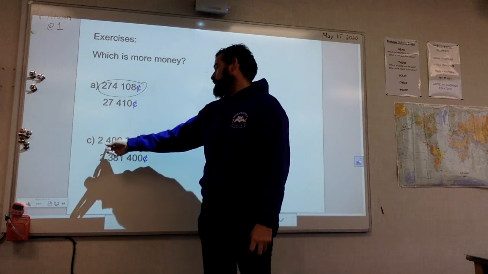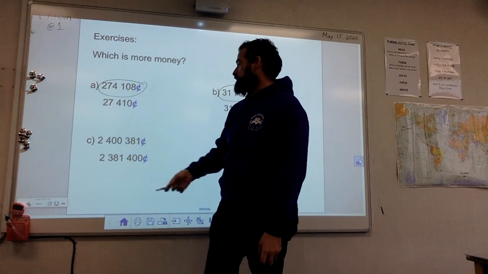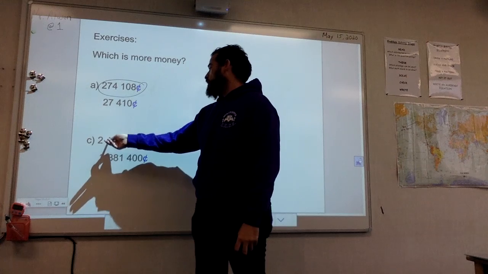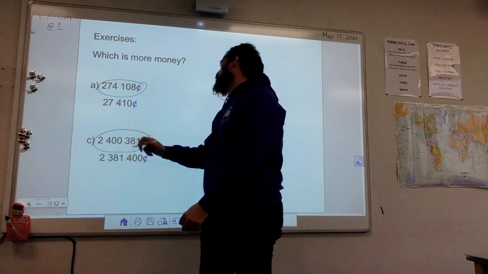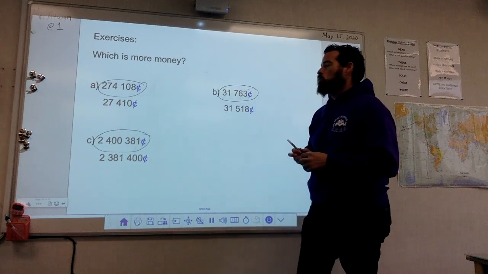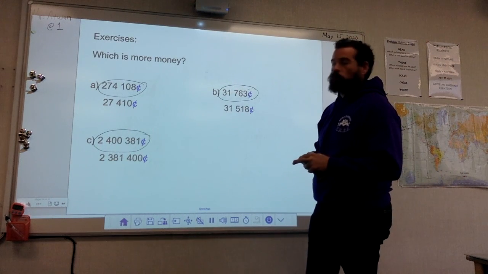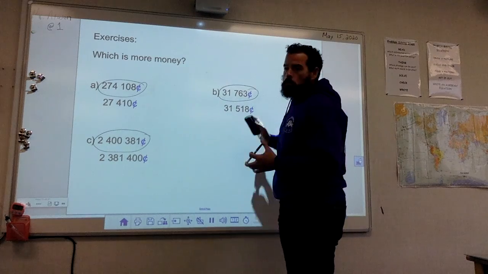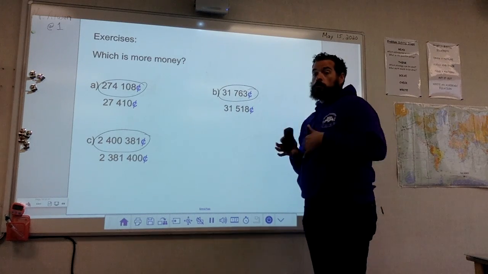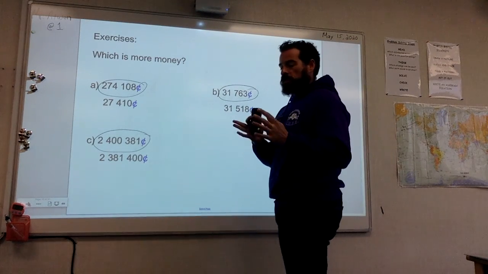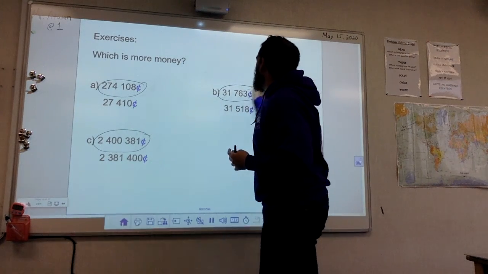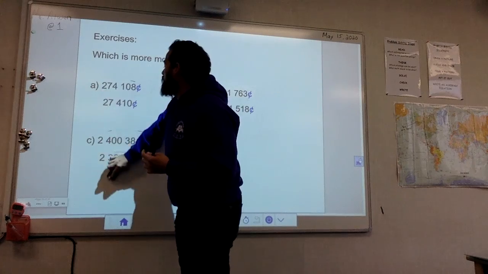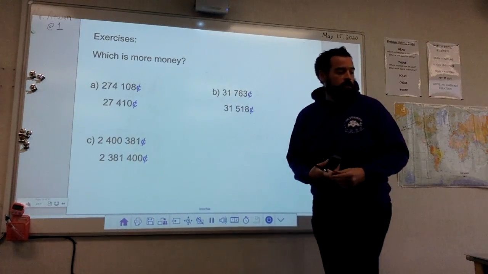But thankfully here, we get to our 100,000s place, and there's a difference right away, and 4 is bigger than 3, so that tells me that this is going to be more money, 2,400,381 cents. So hopefully, again, if you remember how we compared numbers, lining up the place values when we have the same amount of digits, should be pretty easy when you have to do those on your exercises, on your worksheets.